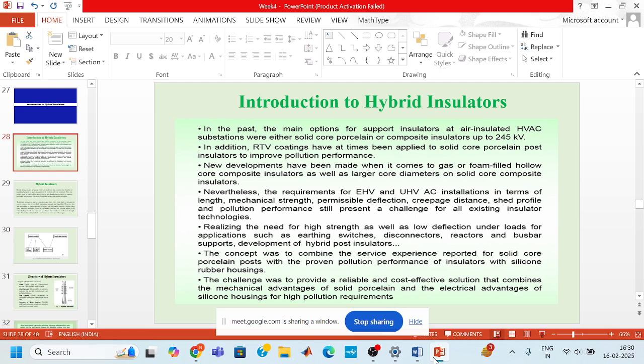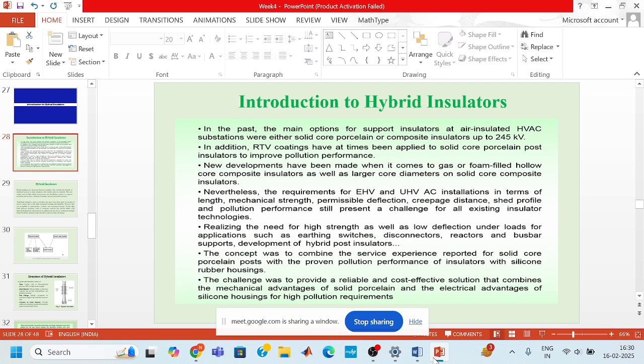Nevertheless, the requirements for EHV line or UHVAC installation in terms of length, mechanical strength, permissible deflection, creepage distance, shed profile, and pollution performance still present a challenge for all the existing insulator technologies.